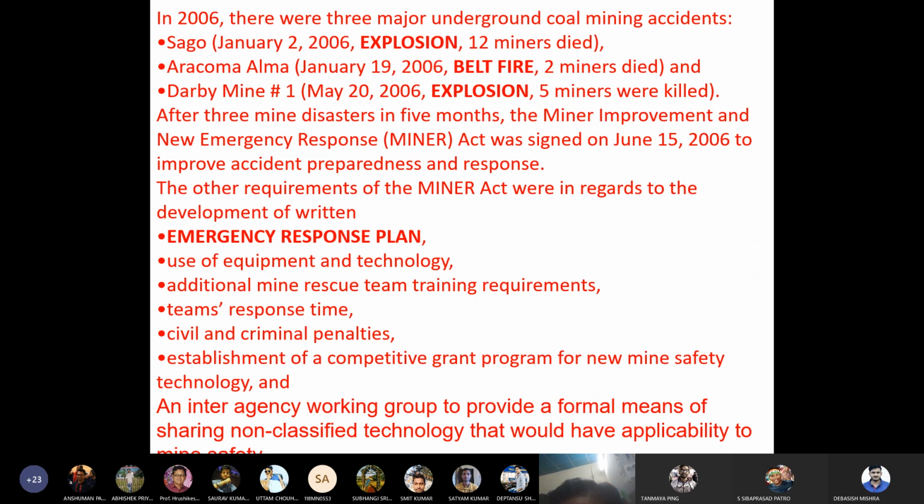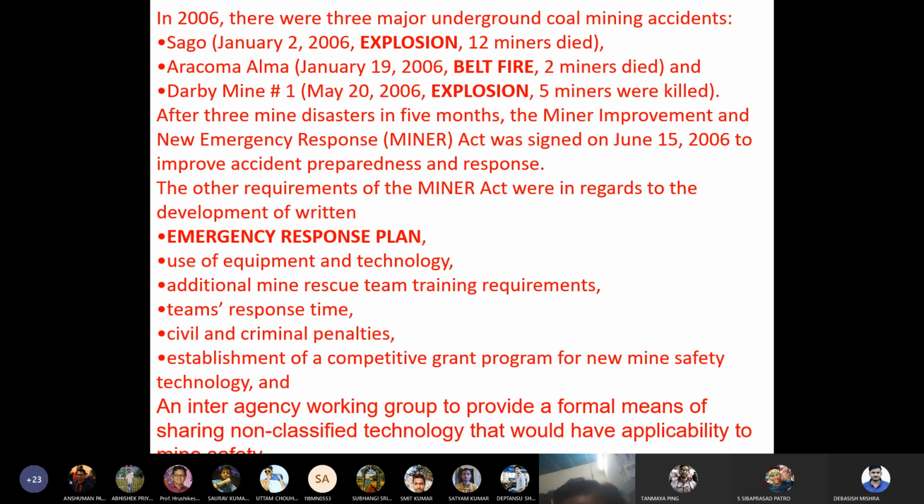So therefore, every mine has to prepare an emergency response plan.